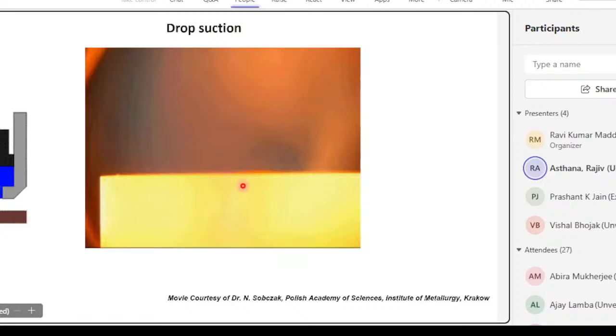You will see that the reaction zone forms with time, and then during cooling, some cracking will also take place. When you cut the substrate and droplet combination after cooling, you see the reaction layer underneath the solidified droplet. And then we do some chemical analysis and other structural studies.